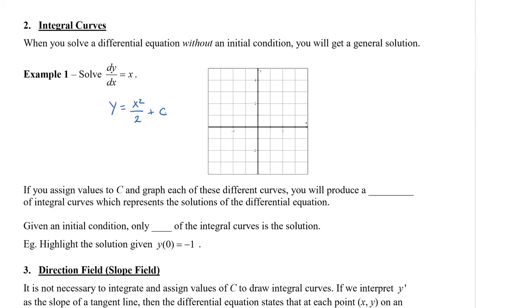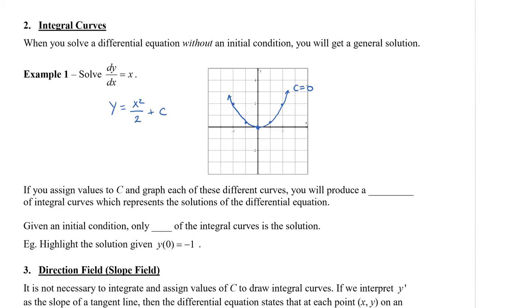Let's say c was 0. So if c is 0, I'm going to graph x squared over 2, and I would get a parabola that looks something like this. And you can plug in values for x and solve for y. This would be c equal to 0.